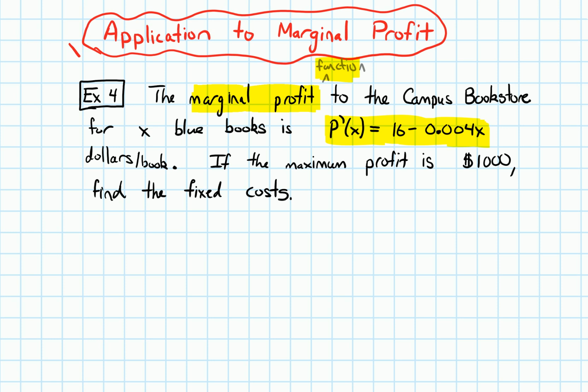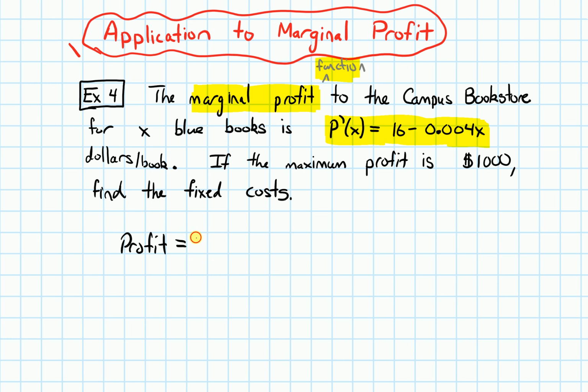Okay, so it's talking about the marginal profit function to the campus bookstore when they sell X blue books, and it tells us a formula for that. Okay, and then it also tells us some info about what the max profit is, and it wants us to find the fixed costs.